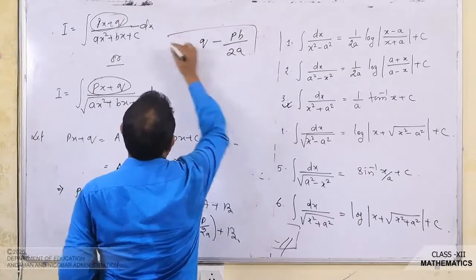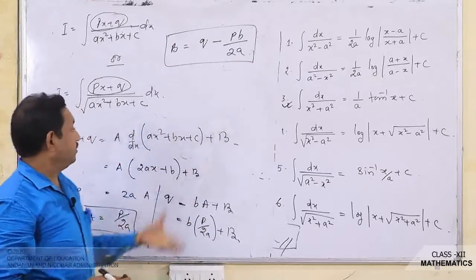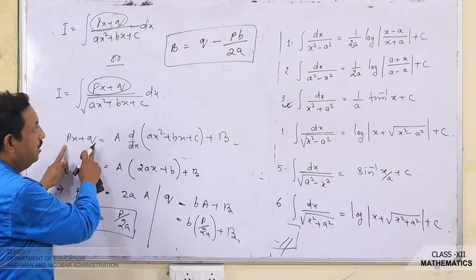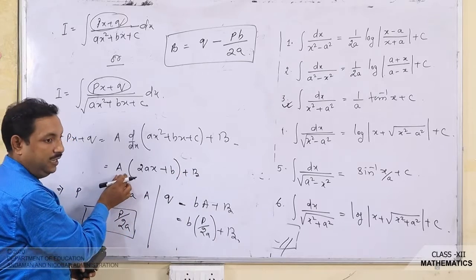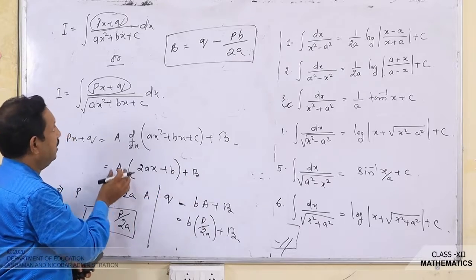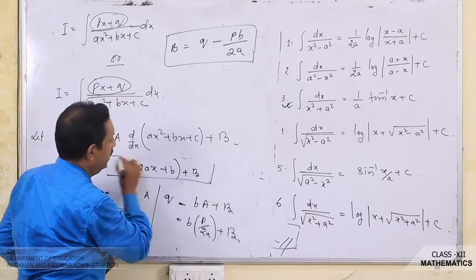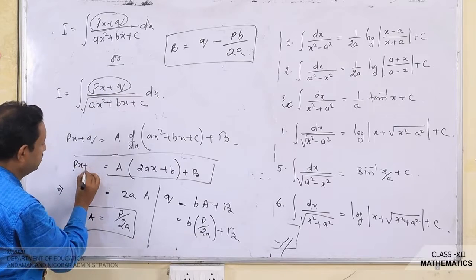Here we calculate that b, and that a and b I substitute in this form. So, this px plus q will be replaced by this one. Suppose I am getting some a and some b, some constants. Now, I can replace this px plus q by using this part, because px plus q is this one.